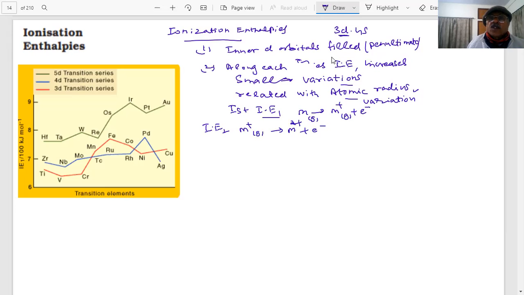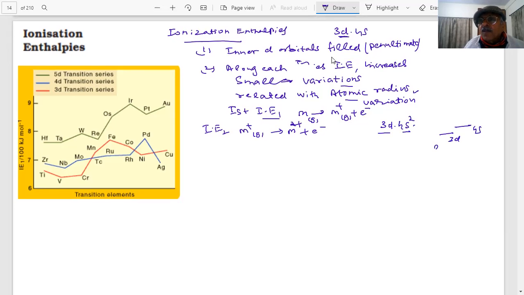So the second ionization enthalpy is always higher than the first one. But here, what type of orbitals are involved? You have 4s2 and 3d orbitals. Their energy gap is very small.